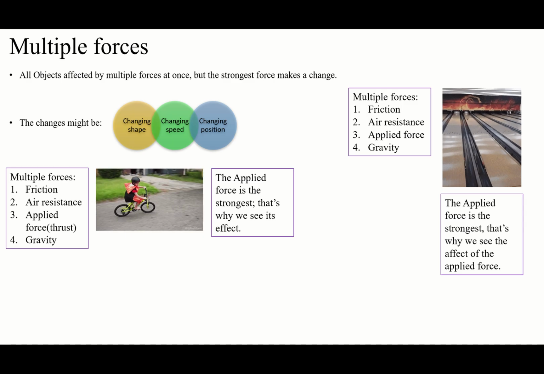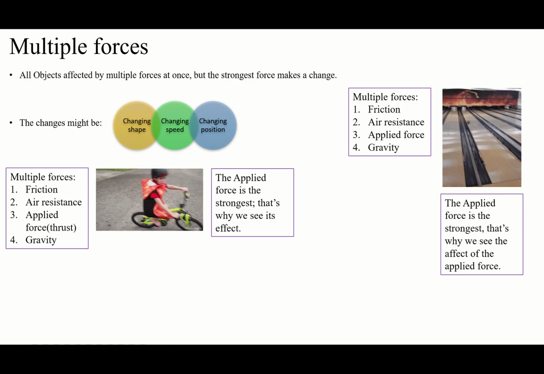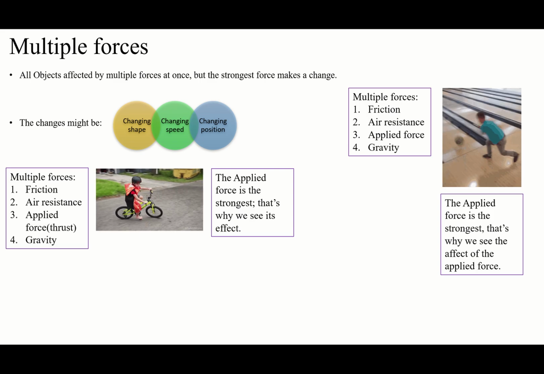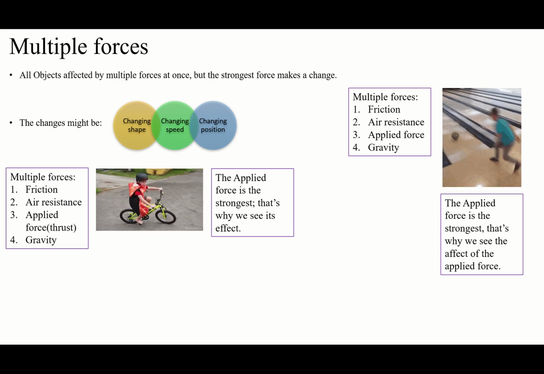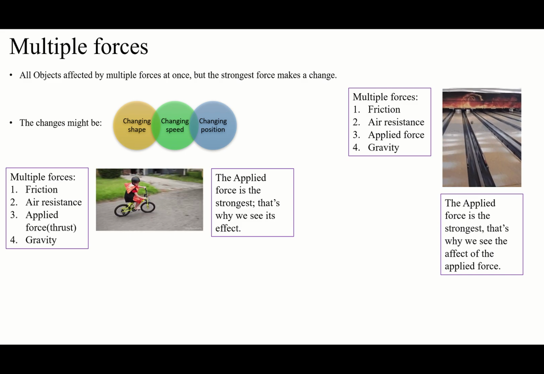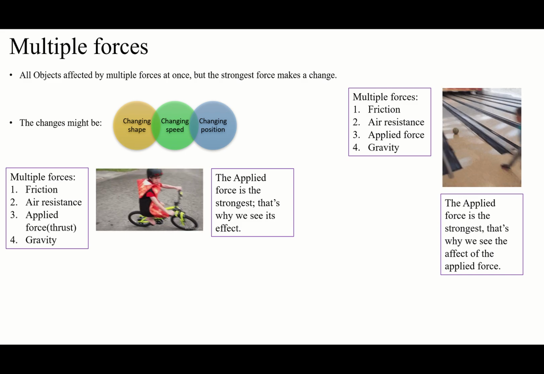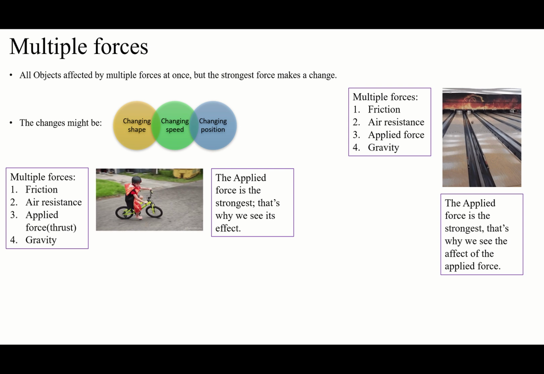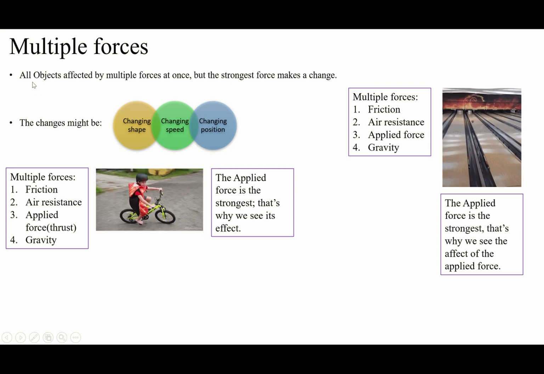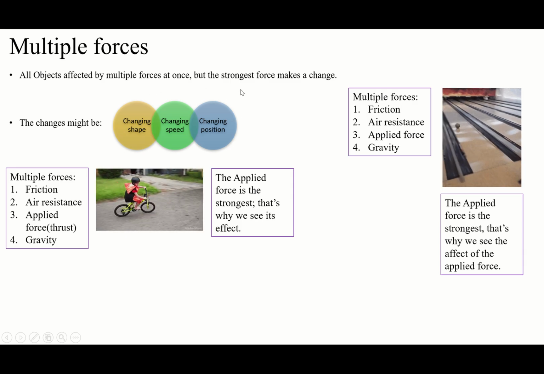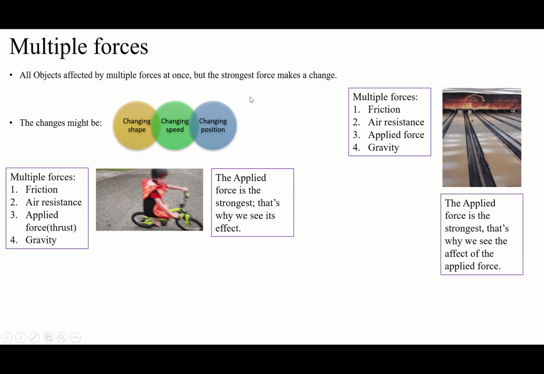We have forces for left, up, and down, but because the strongest is to the right, the object will move to the right. If the strongest is left, it's gonna move to the left. If it's up, then up. So the object will follow the strongest force. All objects are affected by multiple forces, but the strongest one must make the change.